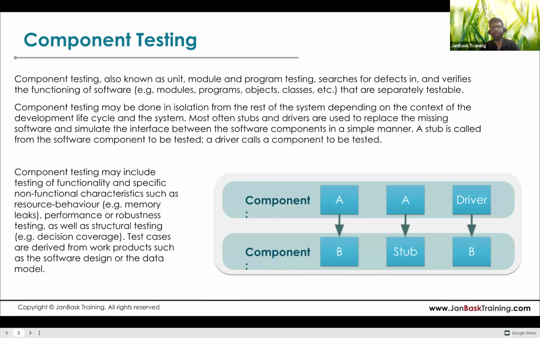It doesn't matter which one we are using, but those components will be developed separately. It's not like all the components will be developed at once. Now, when the components are being developed separately, they will be tested separately as well, right?